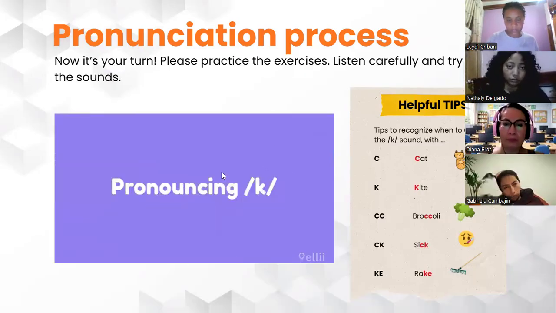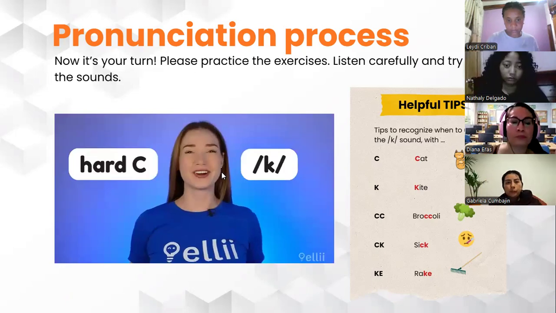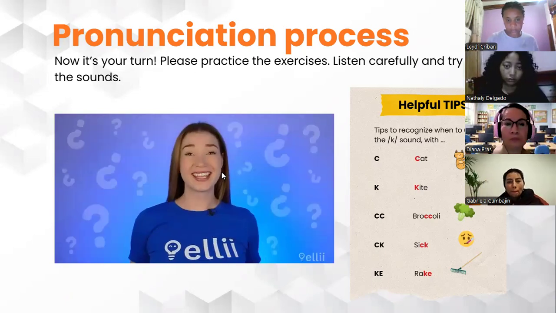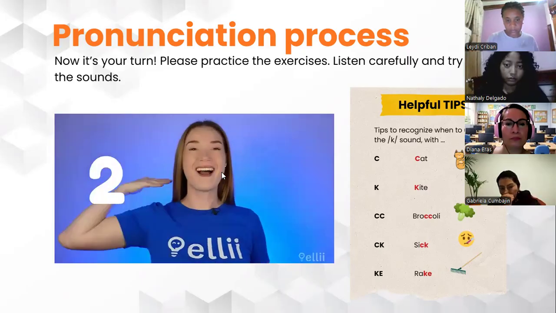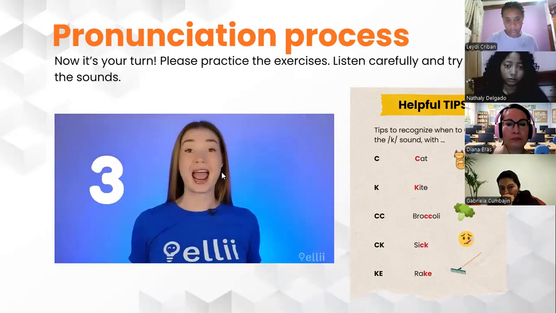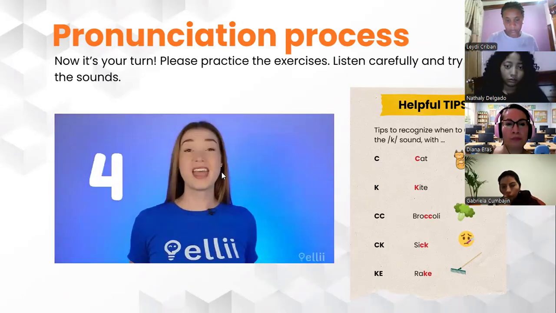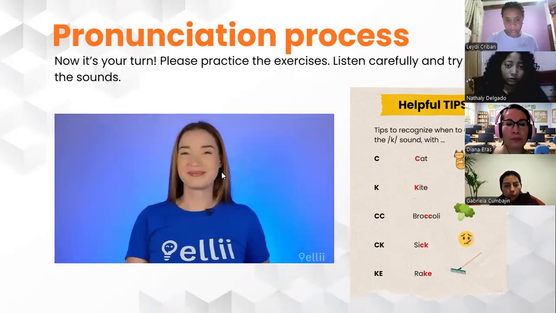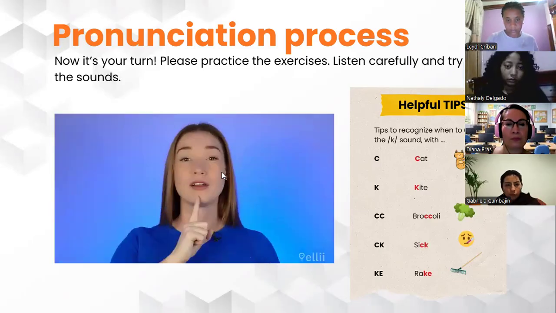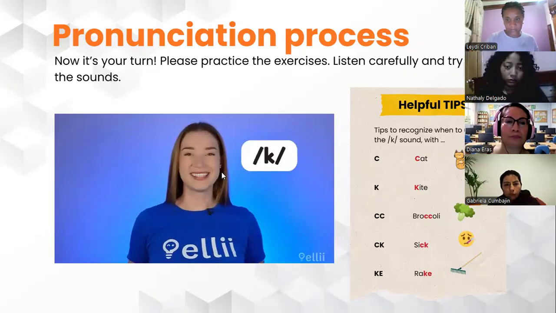Let's practice our pronunciation. Today, we're looking at the K sound. It's also known as the hard C sound. Can you make the K sound? Follow these steps. First, open your mouth just a little bit. Next, place the tip of your tongue behind your bottom teeth. Now, put the back part of your tongue against the roof of your mouth. Then, let out a quick puff of air. Try it with me. Are you ready? K. K. Now let's practice a few words with the K sound.